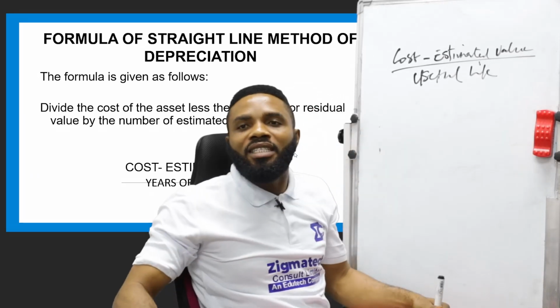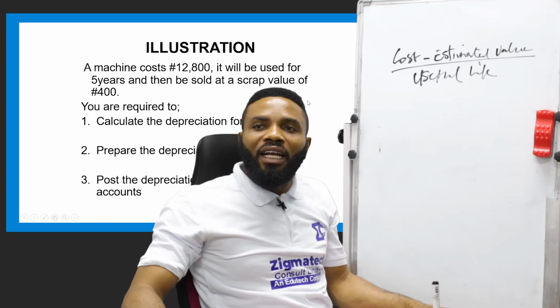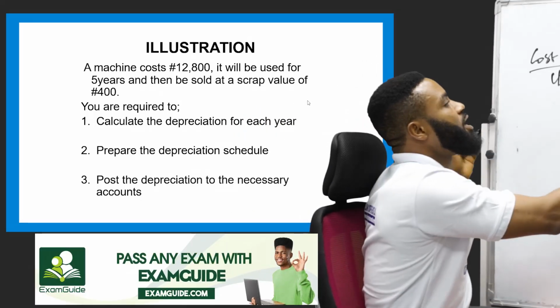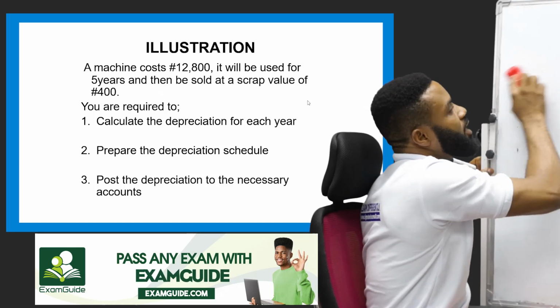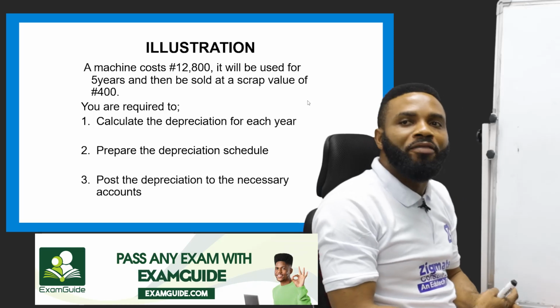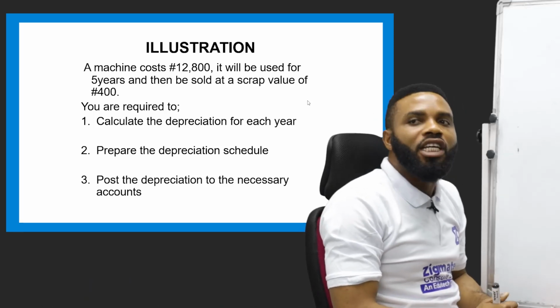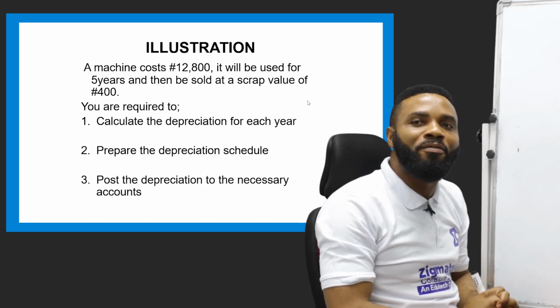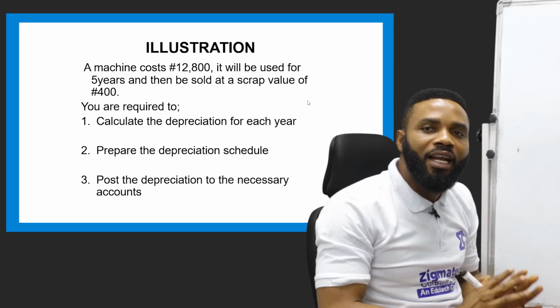All right, let's look at an illustration to really explain what we mean by the straight line method of calculating depreciation. If you look up, a machine costs 12,800 naira. It will be used for 5 years and then be sold at a scrap value of 400 naira.